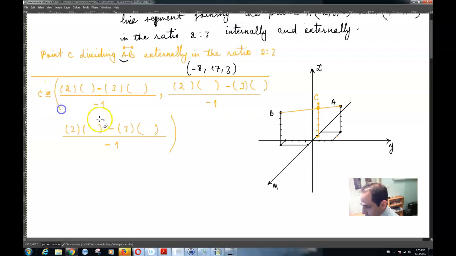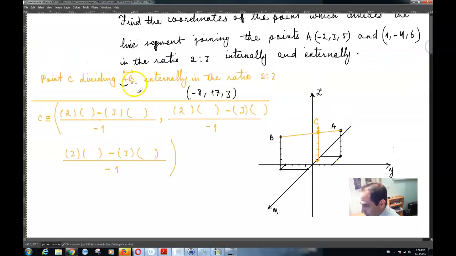So what that means is that now over here you need x2 minus x1. Again, x2 and x1 depend on which point you take as point 1 and which point you take as point 2, meaning that your point A is (-2, 3, 5), and the point B is this point over here.